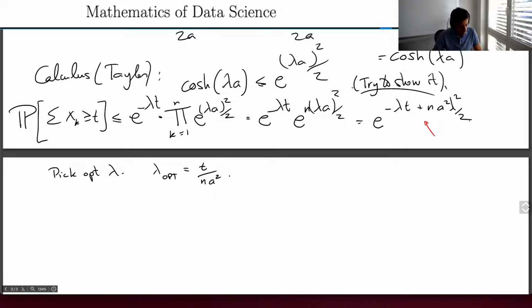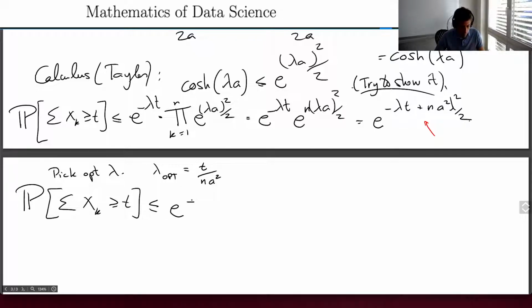Okay, so now we plug that in. So we get that the probability of the sum of xk bigger or equal than t is smaller or equal than e to the minus, and so what we get here, lambda t gives minus t squared over n a squared, plus, now I get t squared, the 1 over n squared times the n becomes n, and the a squared times the 1 over a to the 4 becomes an a squared, and then there's a 2.